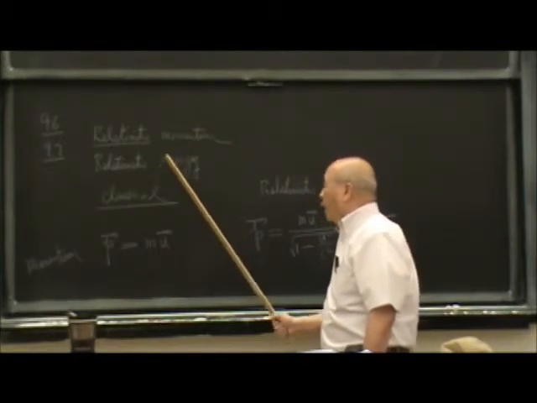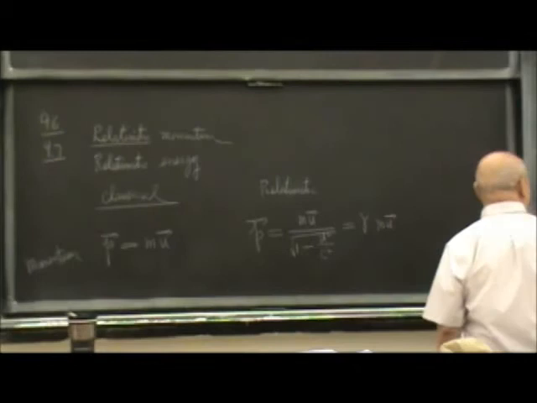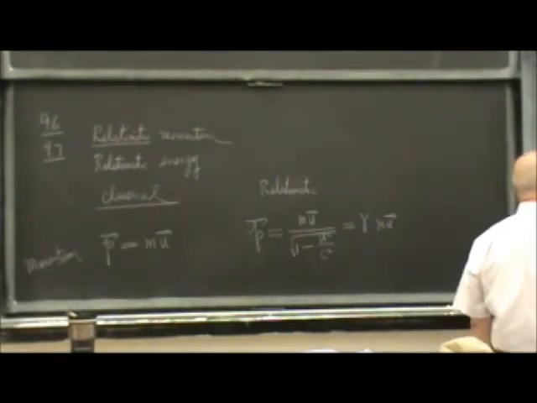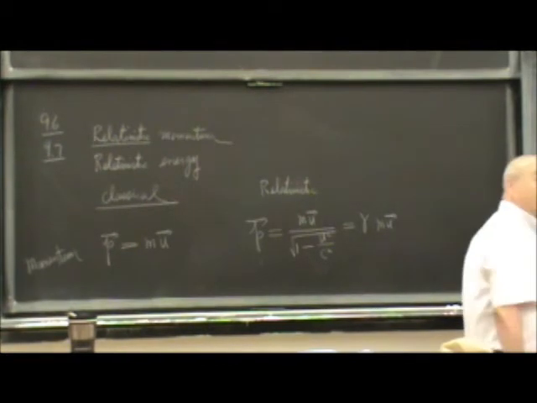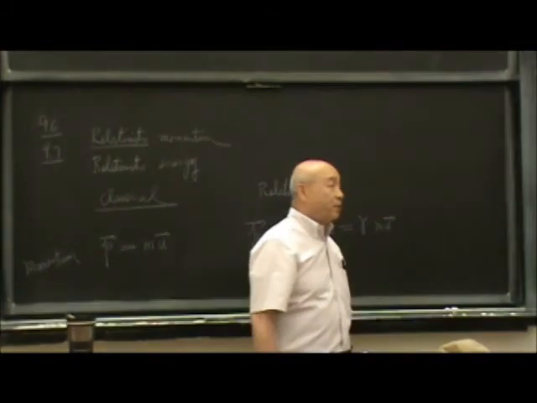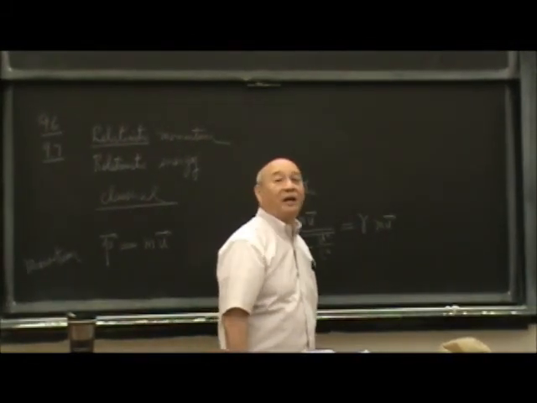Another one is using E equals mc squared divided by the square root of 1 minus u squared over c squared to prove that E squared equals p squared c squared plus (mc squared) squared.